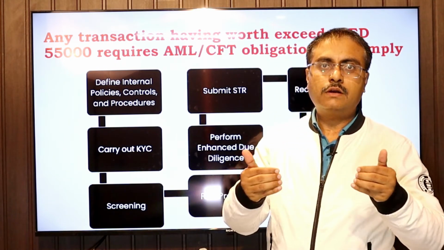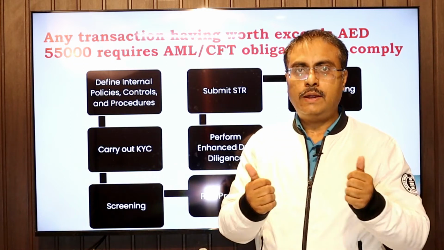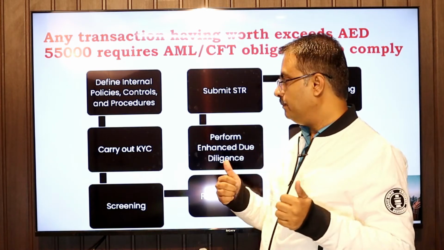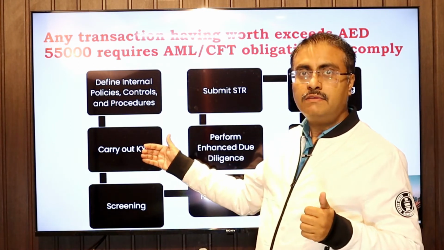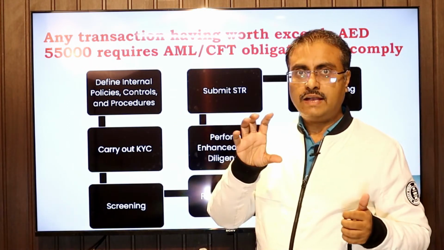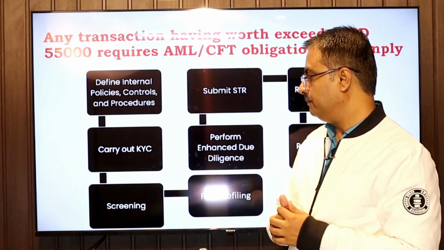Suppose any customer comes before us, before dealing with that customer you have to take information and documentation, and check whether the name is appearing in the list. If the name exactly matches, you have to report in the STR form.